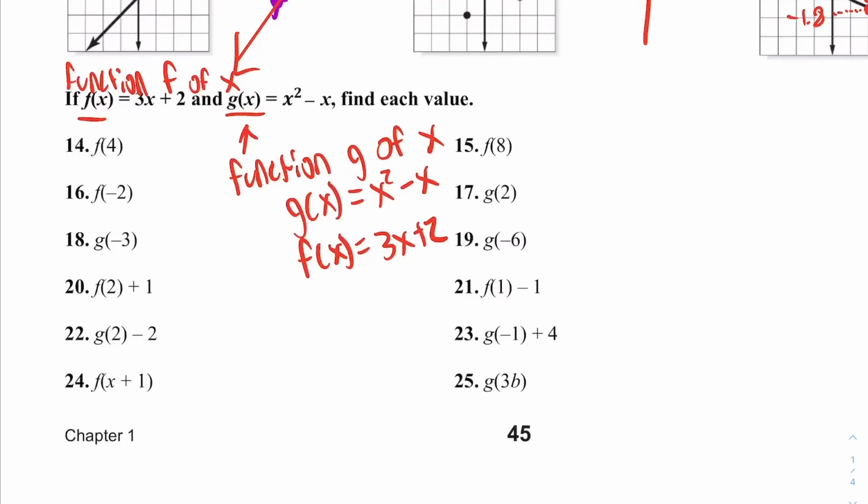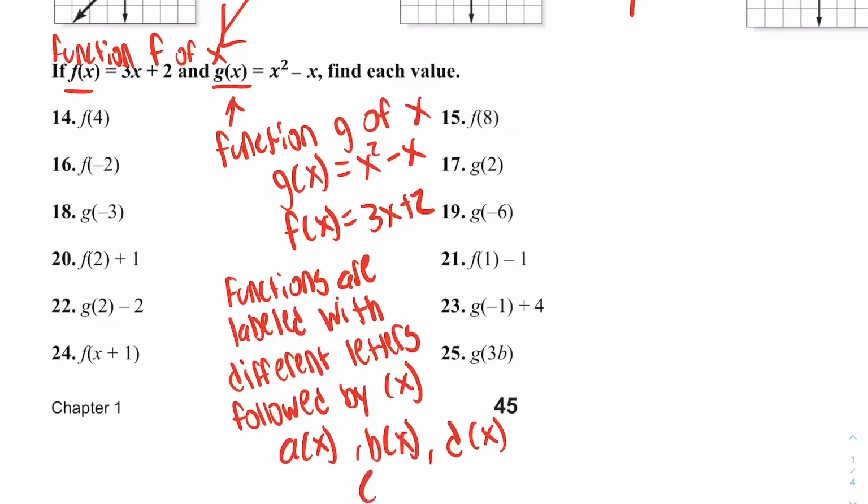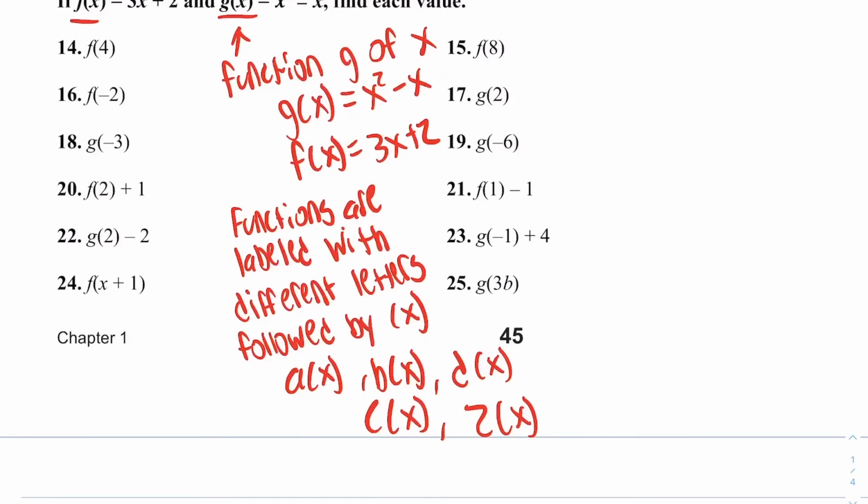This is a new type of notation, and it's called function notation. The functions can be labeled with different letters. Functions are labeled with different letters followed by parentheses, x, close parentheses. This doesn't mean that they're multiplying that parentheses with x. That just means that is the function's letter for its name, and x is the input.